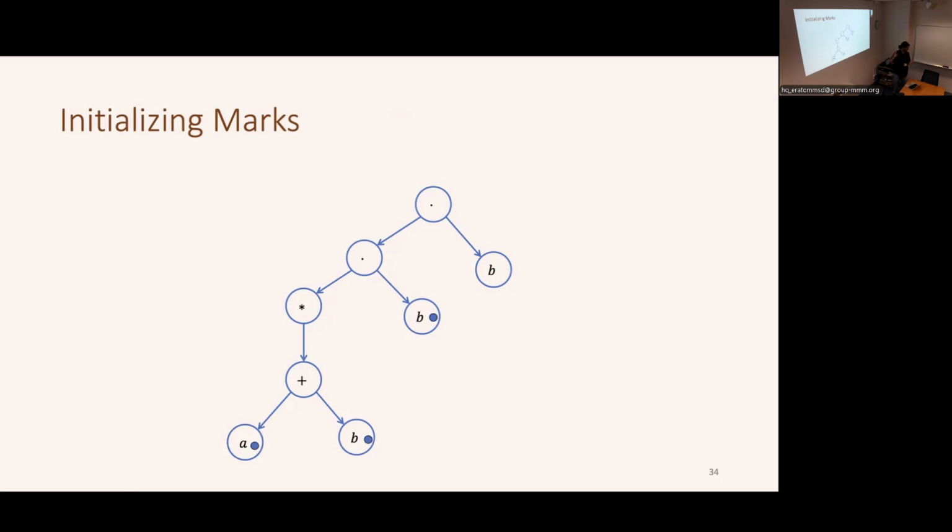This B is an initial state because I could ignore this star by doing 0 iterations of it, and then I could just start my matching from here. And if I do choose to do this star, I could either go here or go here.